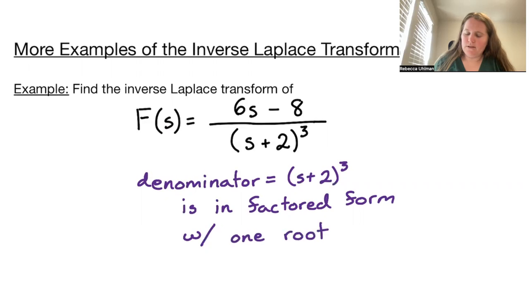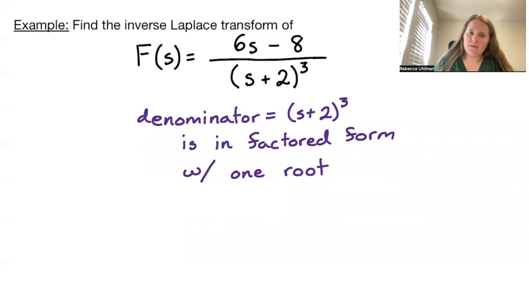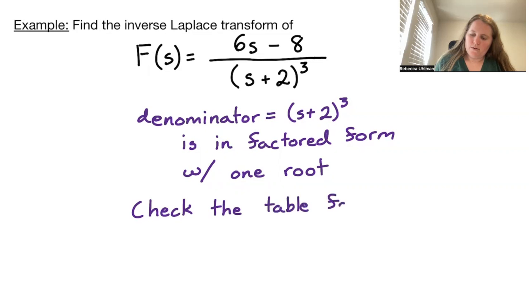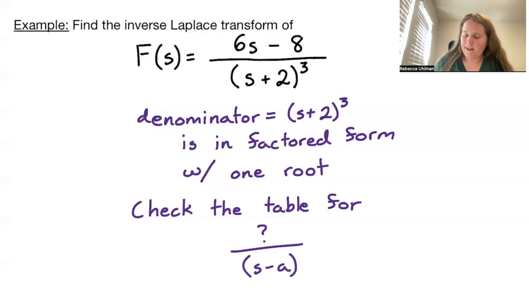So let's just see what we can find. We'll check the table for something of the form something over s minus a to the n, and we'll see what we wind up with.